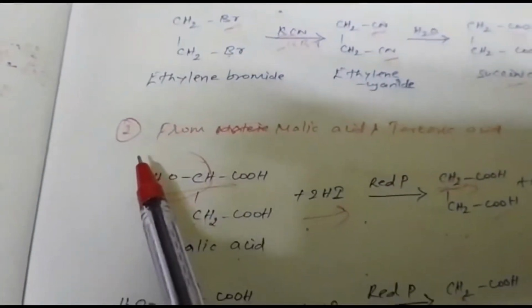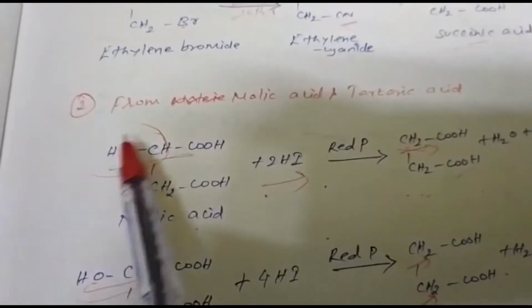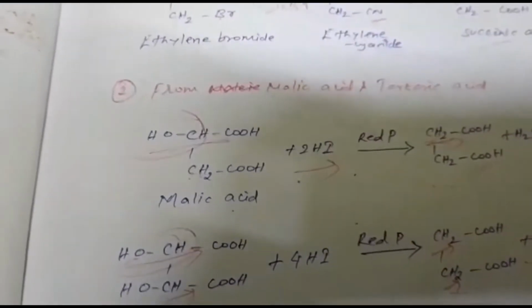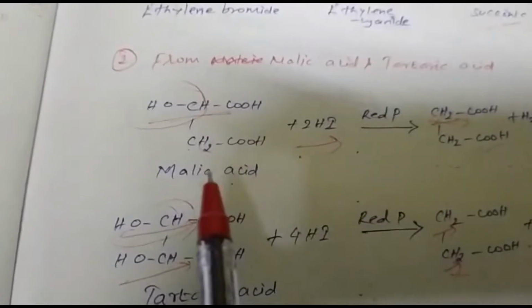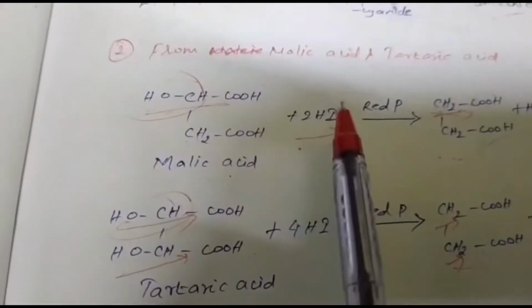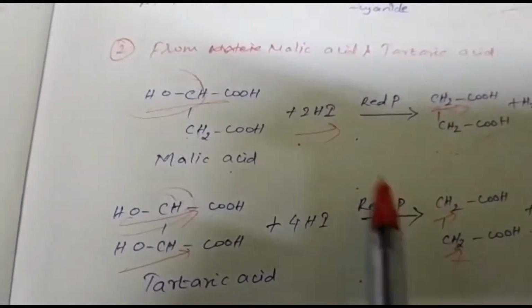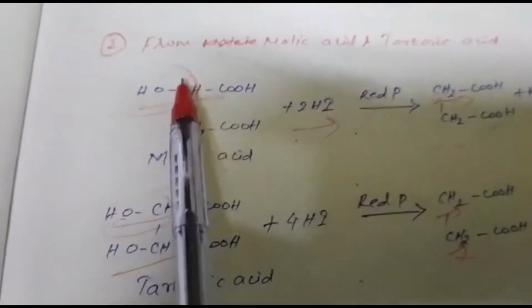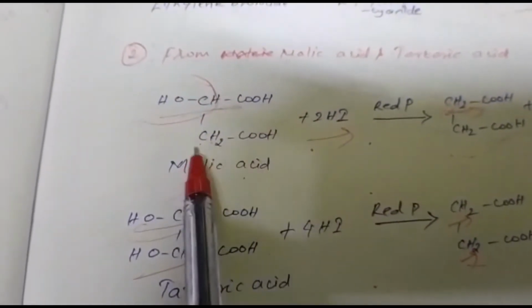The second preparation is from malic acid and tartaric acid. This is a reduction reaction, heating malic acid and tartaric acid with hydrogen iodide and red phosphorus to get succinic acid. This is the structure of malic acid, CHOH, COOH, CH2COOH.